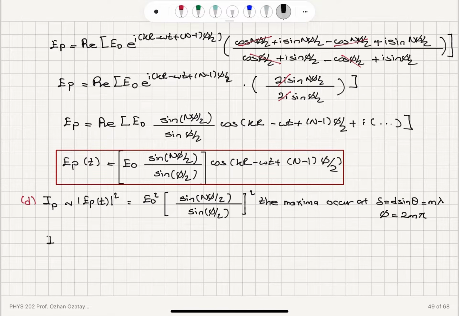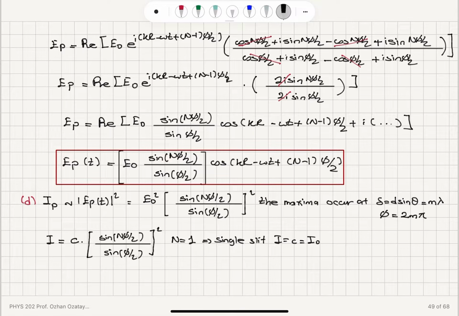Now the intensity is, let's say, a proportionality constant C times (sin(Nφ/2) / sin(φ/2)) squared. If N is equal to 1, what would we obtain? Sin(φ/2) over sin(φ/2), that's 1. And N equals 1 means we have a single slit. The intensity would be equal to C, which is basically I0. So that's what I'm going to call I0.